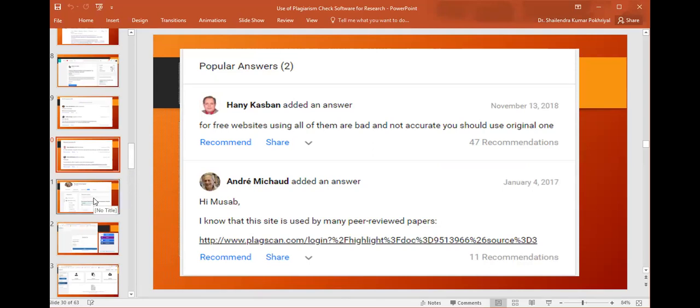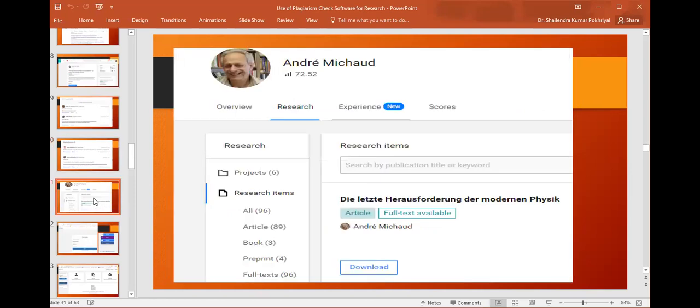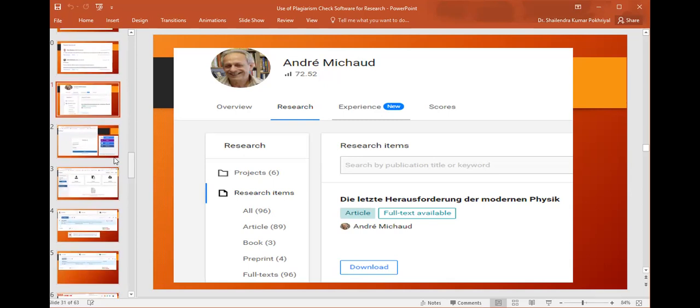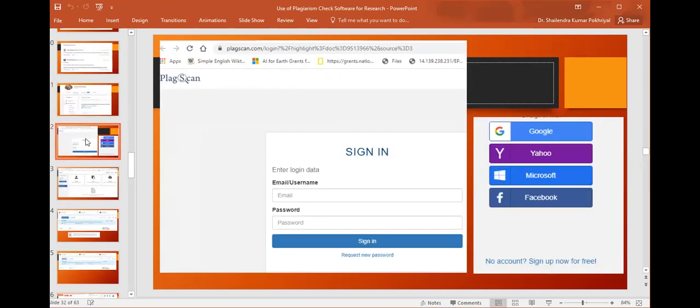Out of curiosity, I used Plagscan, and I came to know that Plagscan has certain limitations. Sir, please go to the next slide. So here you can see the professor's H index, which is 72.52, quite high for their time. Next slide, please, sir.